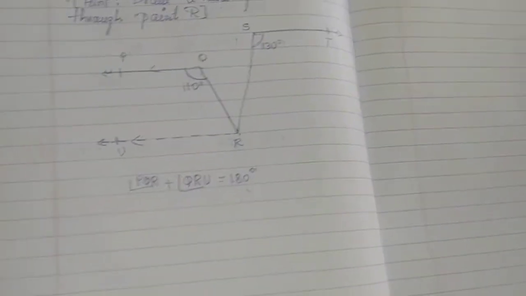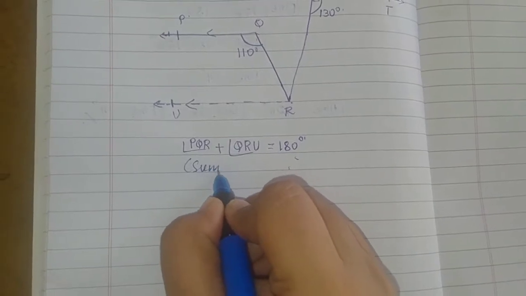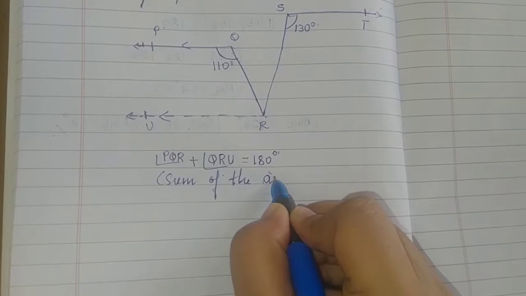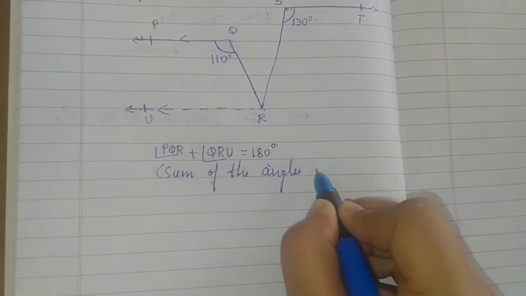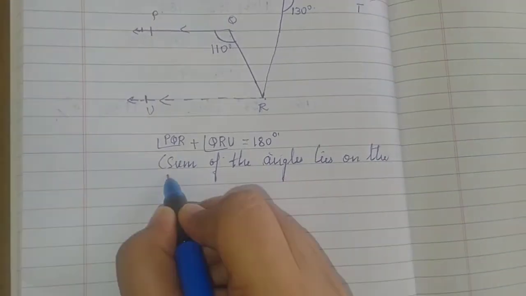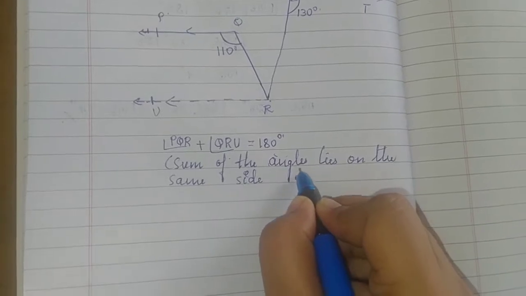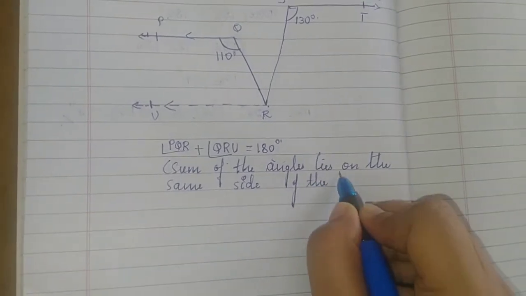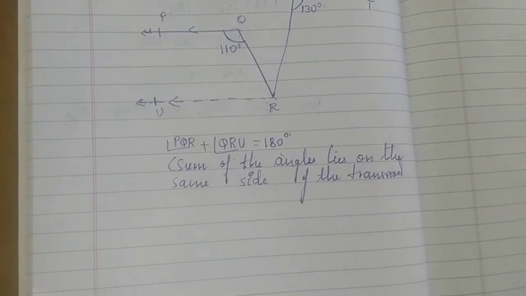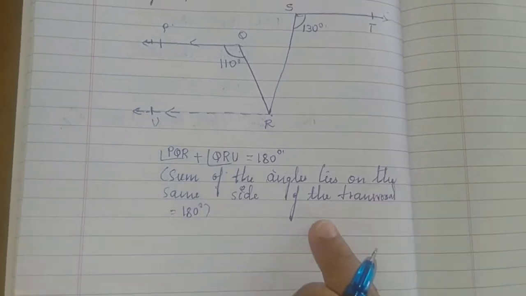I'm going to write here: the sum of the angles that lie on the same side of the transversal is always 180 degrees. So this is the reason.